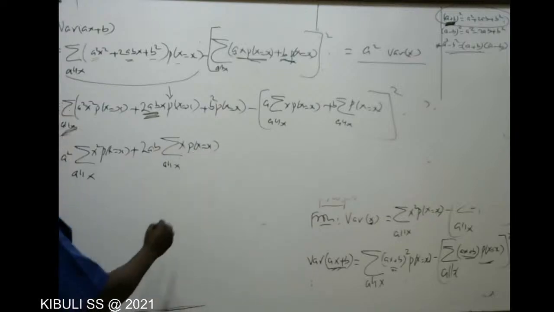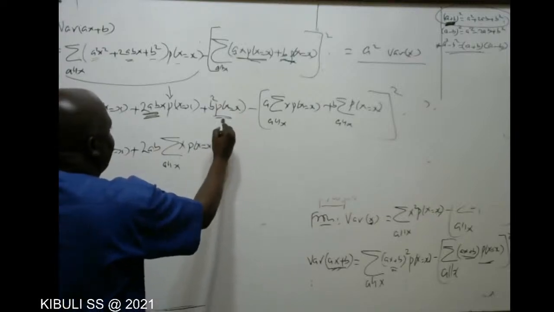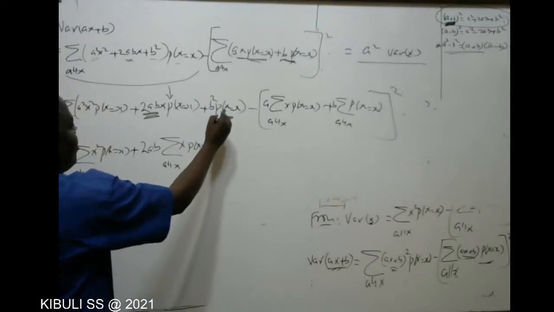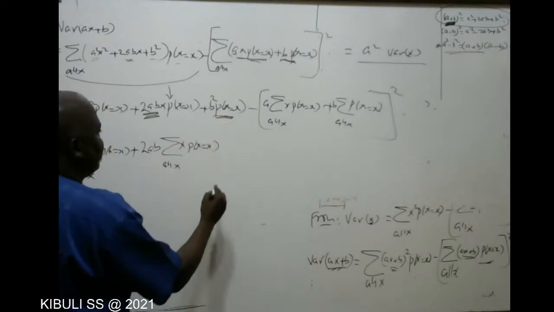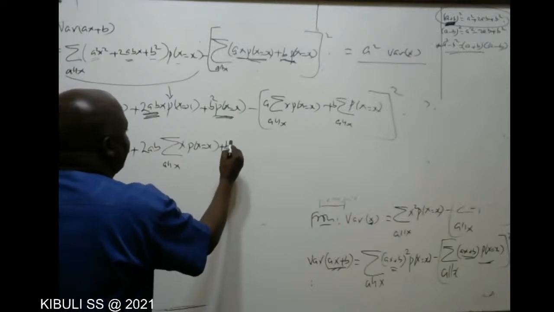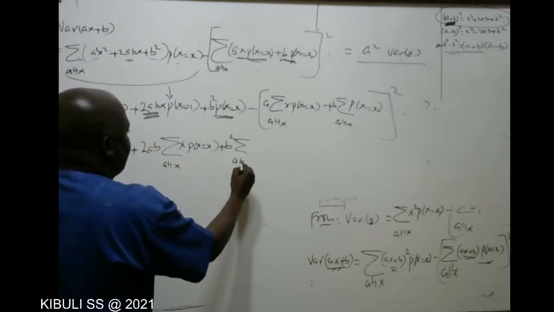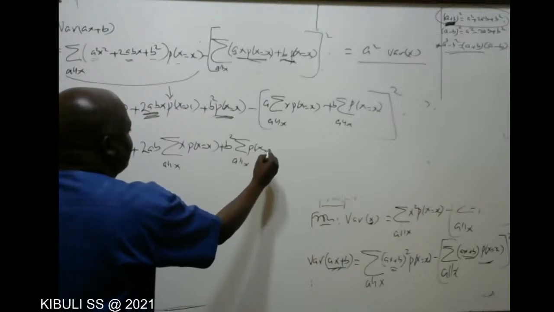X. Do not forget that this one here will be equal to 1, but we can retain and say it's also plus B squared, sum of all of X, probability of X is equal to what?